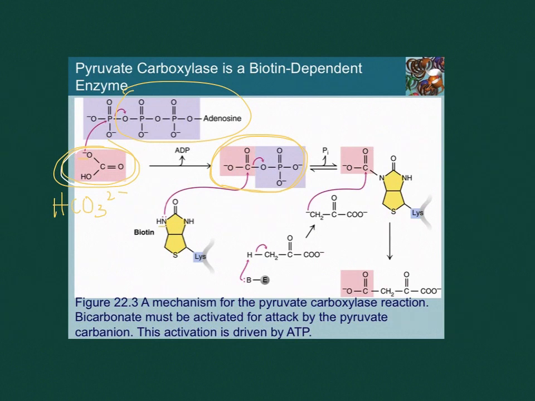Now we have biotin. The nitrogen can attack the carbon. We lose this phosphate. This reaction is favorable because we have more resonance when we release inorganic phosphate, and we have less charge repulsion.